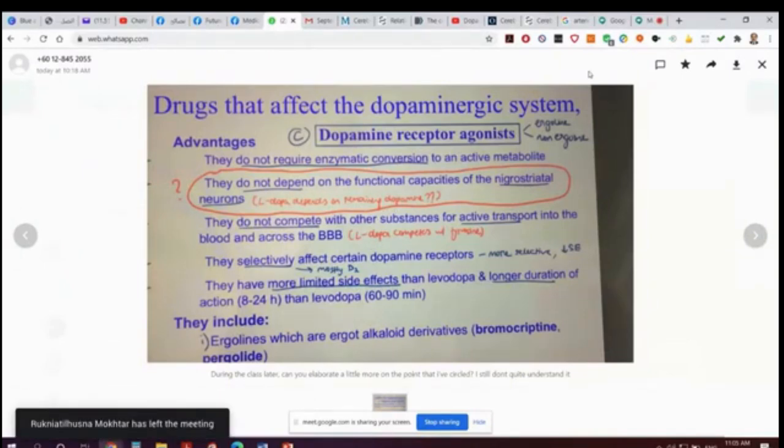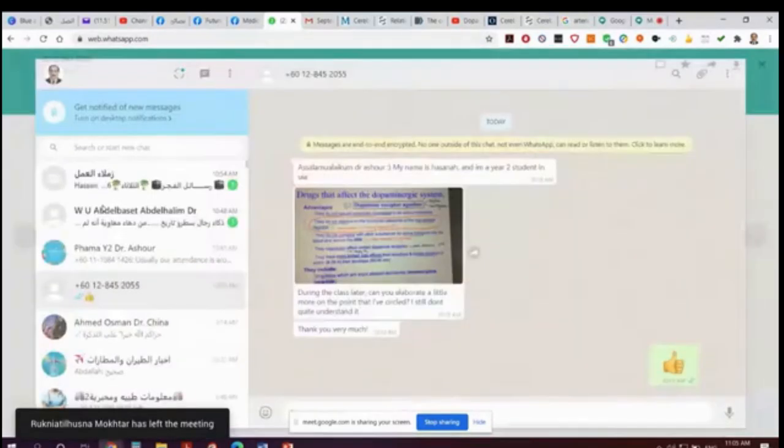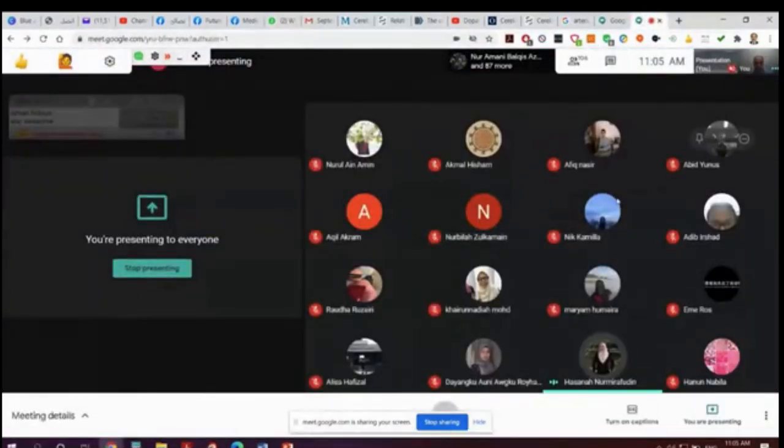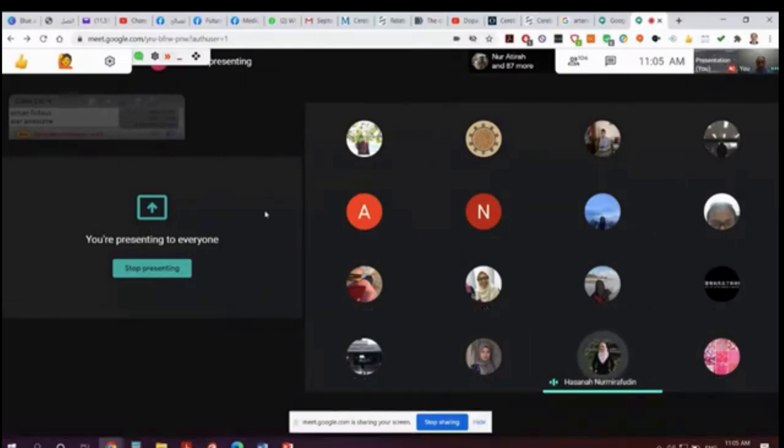It's because the dopamine receptor agonists don't have to be converted into anything to work, unlike levodopa, which has to be converted into dopamine, which is dependent on the nigrostriatal neurons. Is it? Perfect. So that's why. Understood. Thank you. Good, welcome.